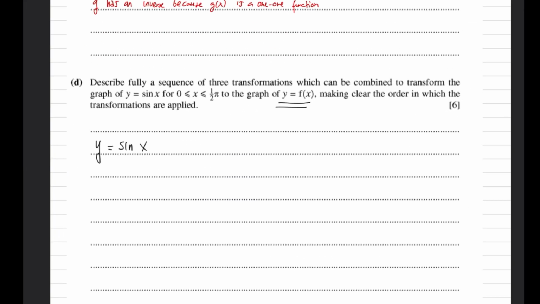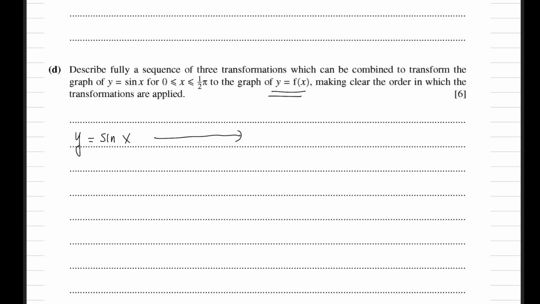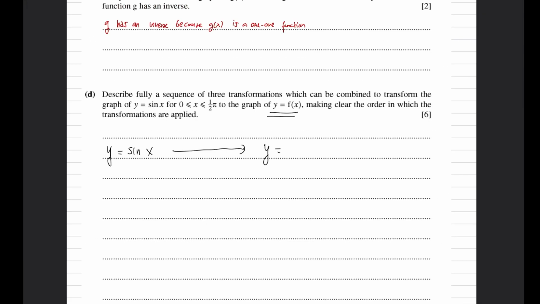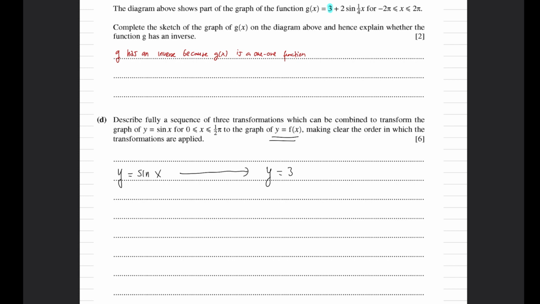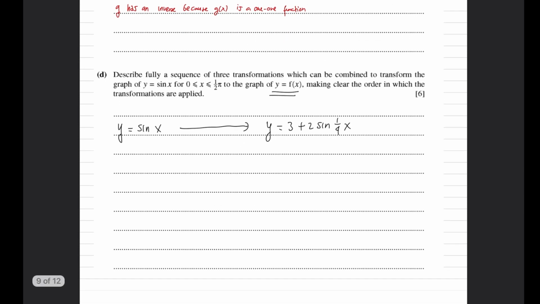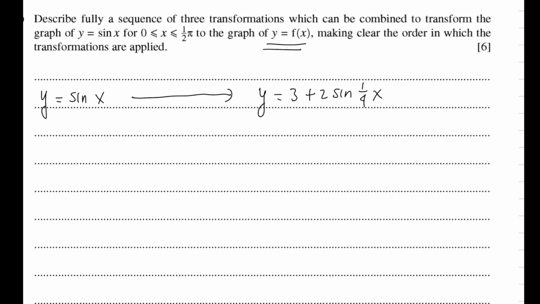So we want to transform it into y equals, it's the same as g(x), just a different domain, 3 plus 2 sine (1/4)x, making clear the order in which the transformations are applied. First things first, we have sine x, but here we have sine (1/4)x. So the first transformation is we need to change from sine x into sine (1/4)x.